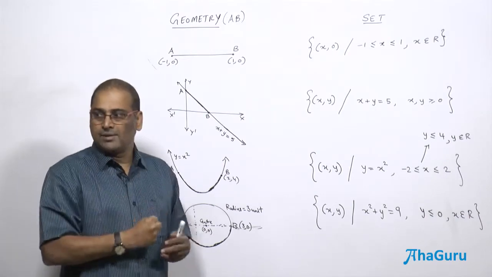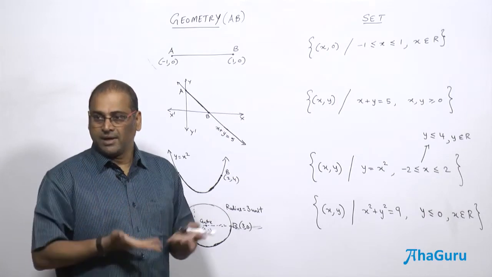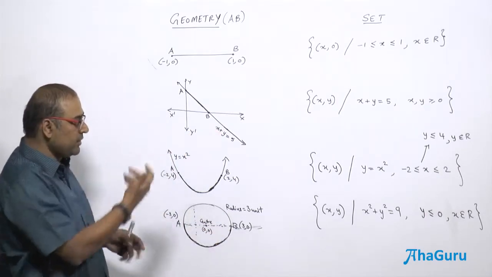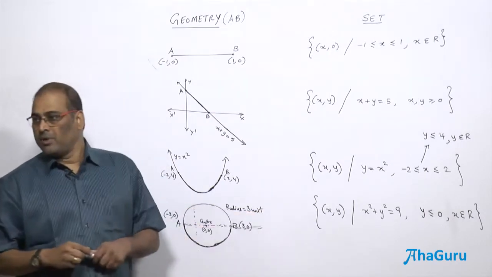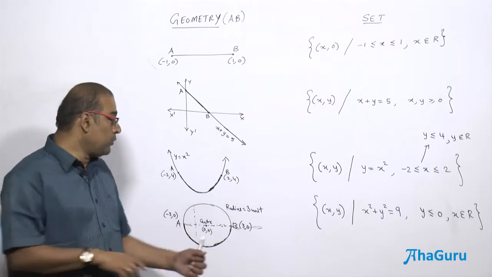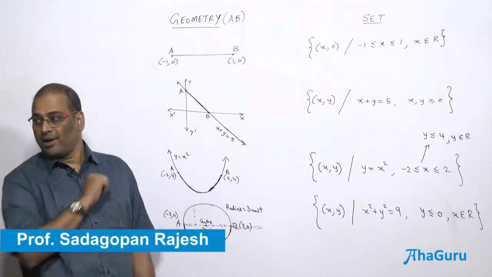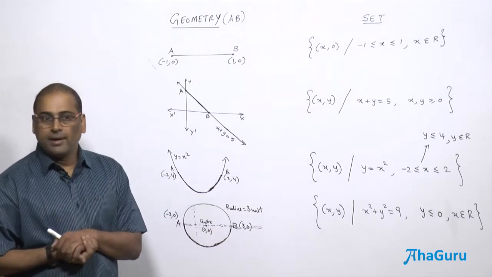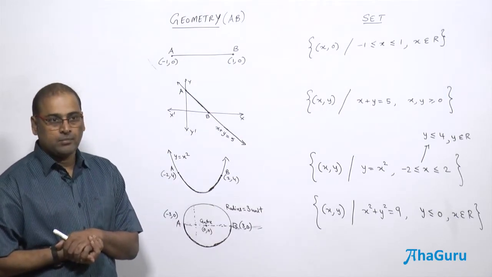You have to carry that algebraic form and then process it, get some theory out of it, and again go back to the geometry. So this geometry is always decoded as a set like this. We have seen how to take the full circle, parabola like that. But if you want a part of that also, you should know how to write it in set form. So all of you understood.